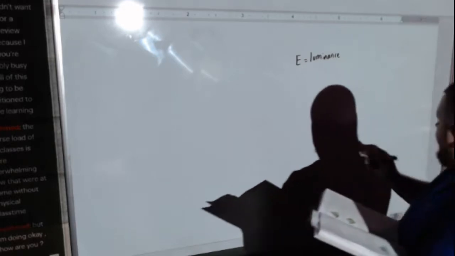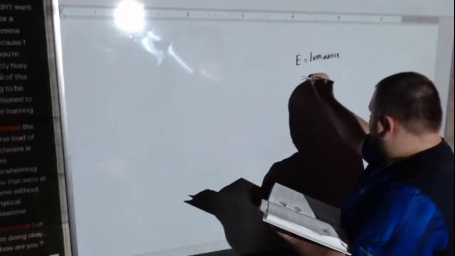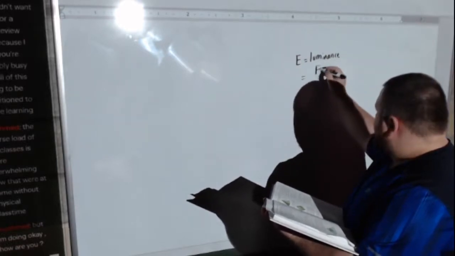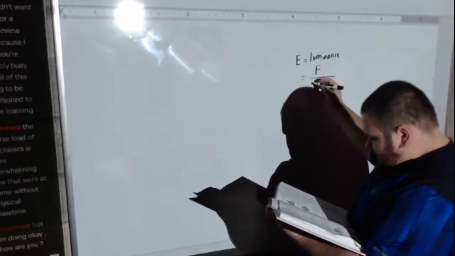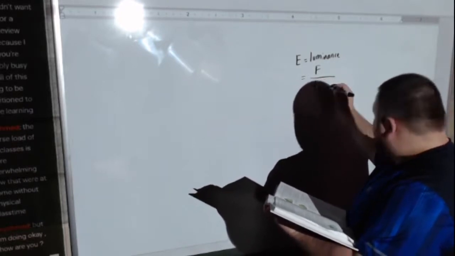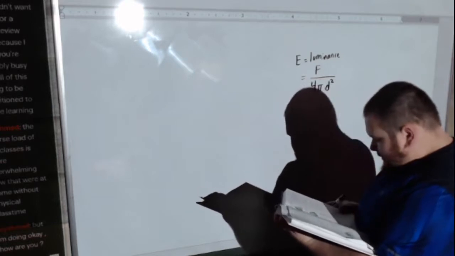That's basically how bright it is. So E is luminance, and it's equal to this quantity F, which is going to be intensity. Why they used F here, I have no idea. Over 4 pi d squared.